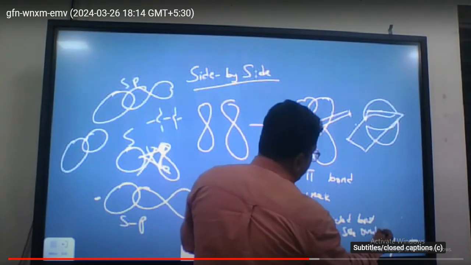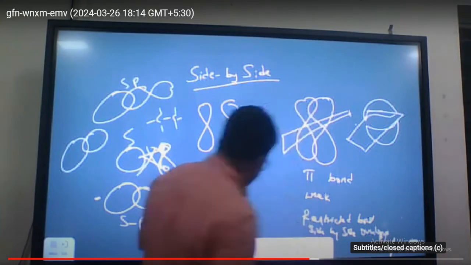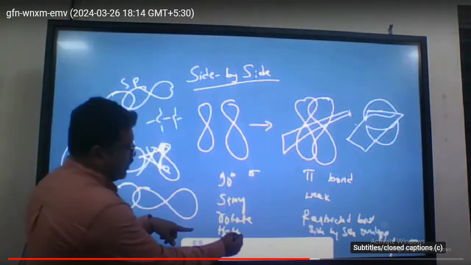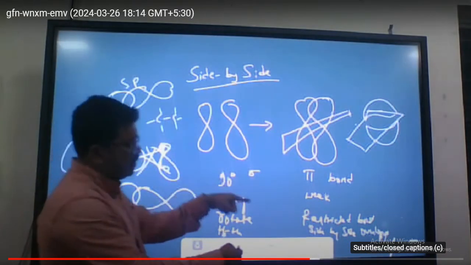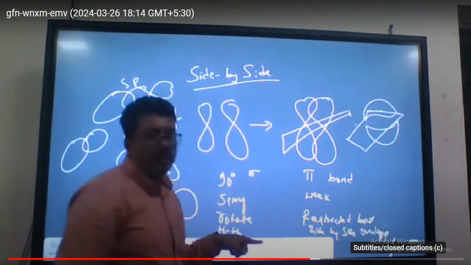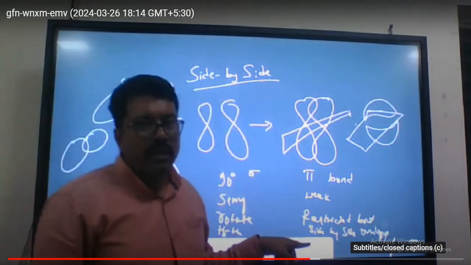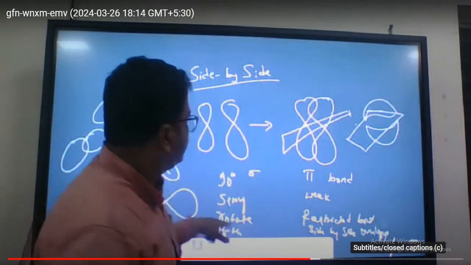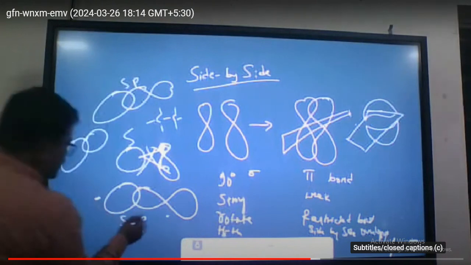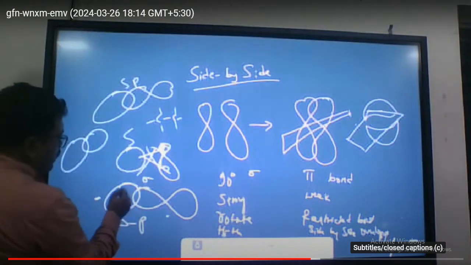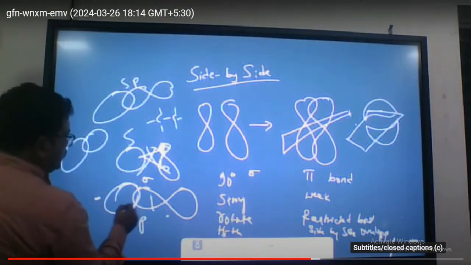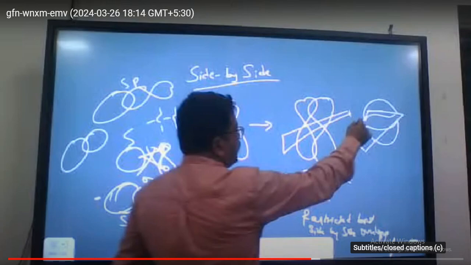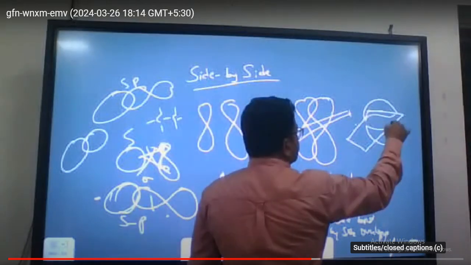This is a very important point here. This is head to head interaction, sigma. This is side by side interaction. See, in this sigma orbital, electrons are symmetrically distributed, but here electrons are not symmetrical.